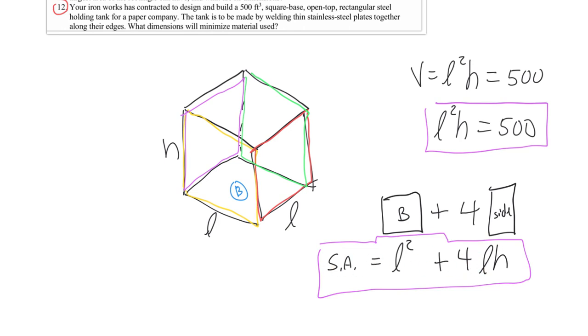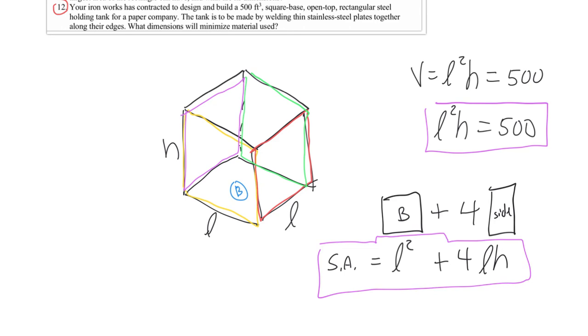But then you always have to ask yourself, do I have any extra variables, when it's possible to work with only one variable? Well, I'd say this H is the problematic one. We could substitute stuff in for L, but since there's two L's and only one H, let's go on a separate mission to replace this H with something in terms of L.